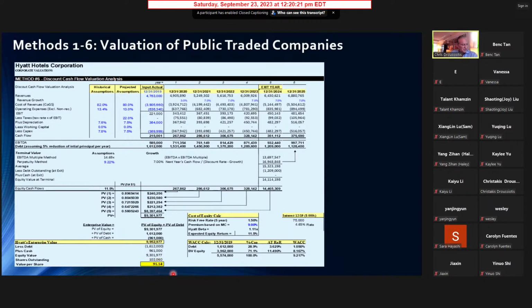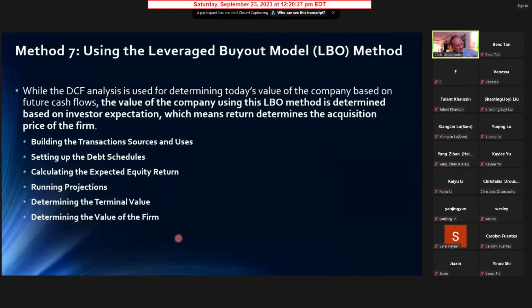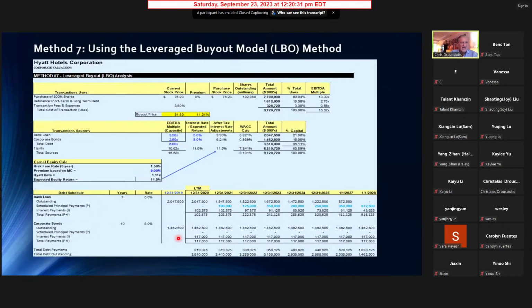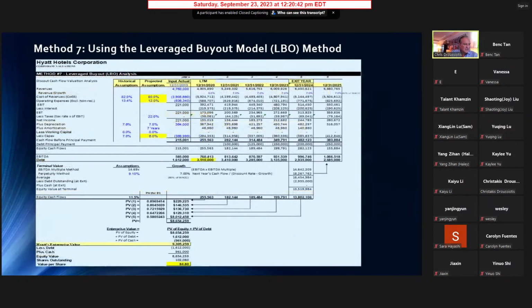If I do the projections, I get a $91 target. And then the leveraged buyout method is basically looking from a private equity point of view. What is somebody willing to pay for Hyatt to get a 25% return? It puts the stock at $84.